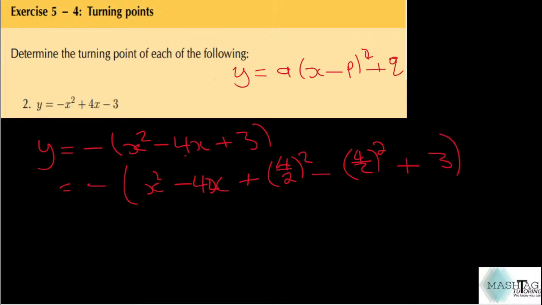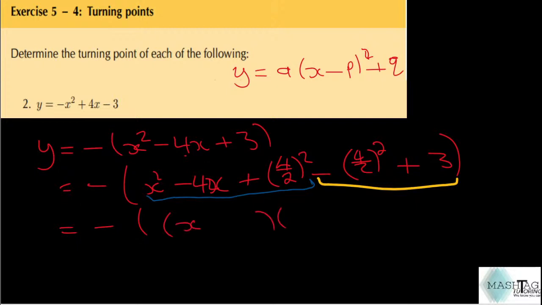Okay? Therefore, you use that quick method. You have to factorize this up to here. And then this you work out with the calculator, right? So to factorize this, you'll have an x. You put your thing here. You square it. We know that 4 over 2 is 2.